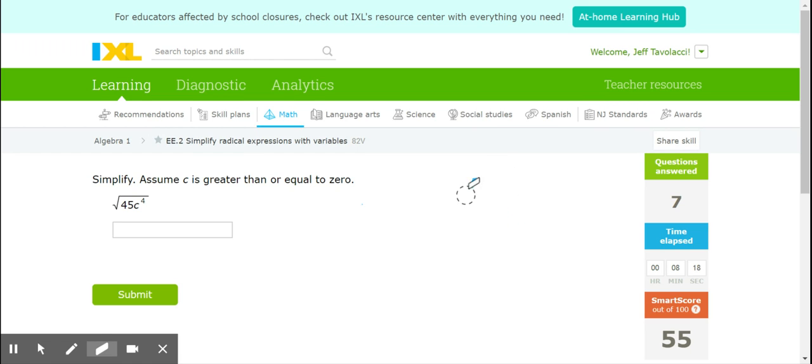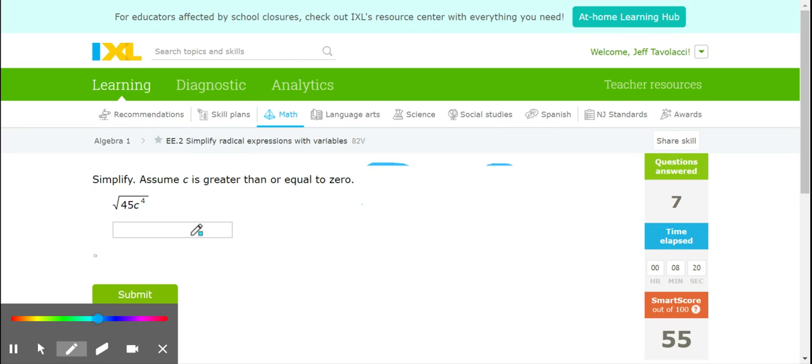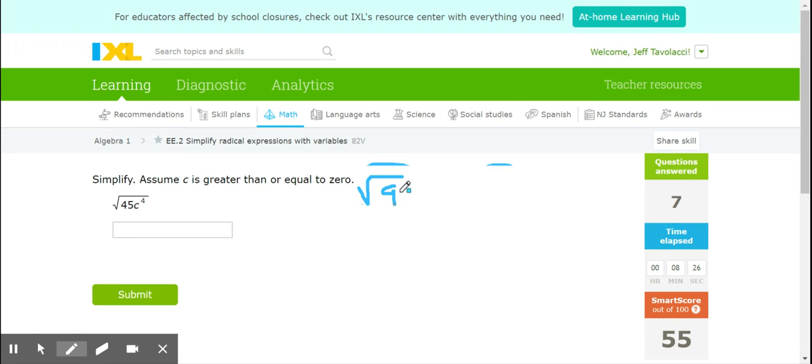Now, square root of 45 I can't take, but it is made of the square root of 9 times the square root of 5. Now, square root of c to the 4th, the exponent's even, so we can take the perfect square of it. So square root of 9 is going to be 3.